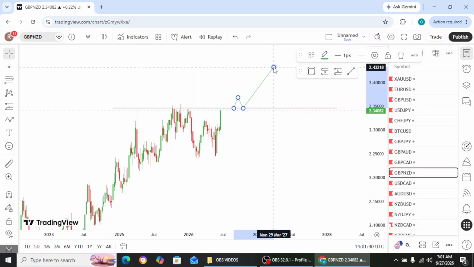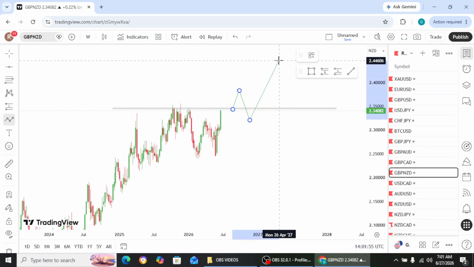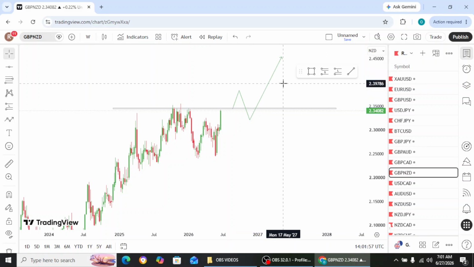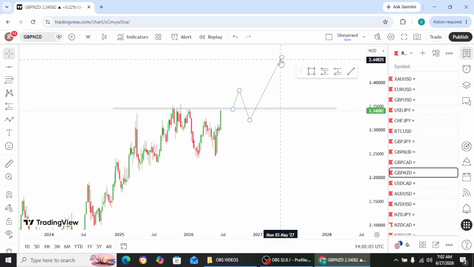But what I think may happen if the market breaks from this level, what you should be expecting is a deeper retracement. Please don't be deceived by the market. If this market breaks out from this level, expect a deeper retracement before moving to the upside. Okay, if the market happens to break this structure, expect a deeper retracement before going to the upside.